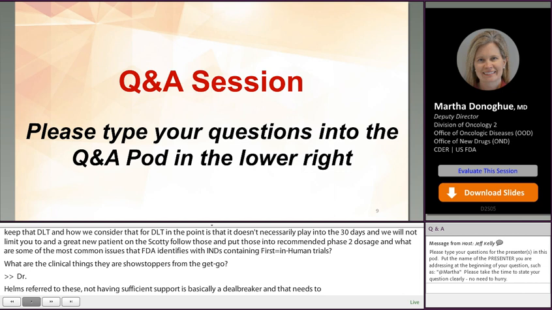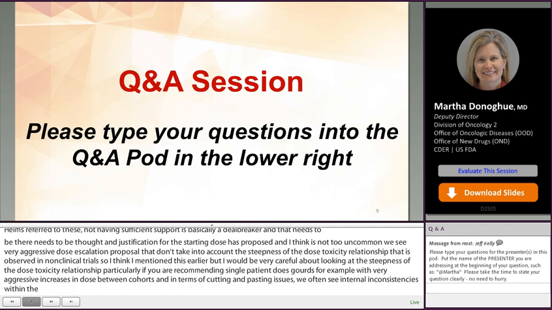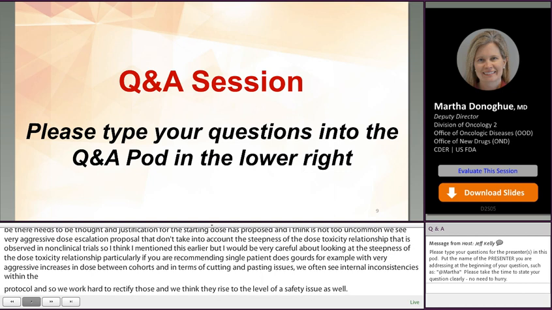And so, we work hard to rectify those when we think they rise to the level of a safety issue as well. Most of the issues we can work through, aside from that, from a clinical standpoint, in a protocol that's decently written. And that's through our interaction with sponsors during the 30-day process.